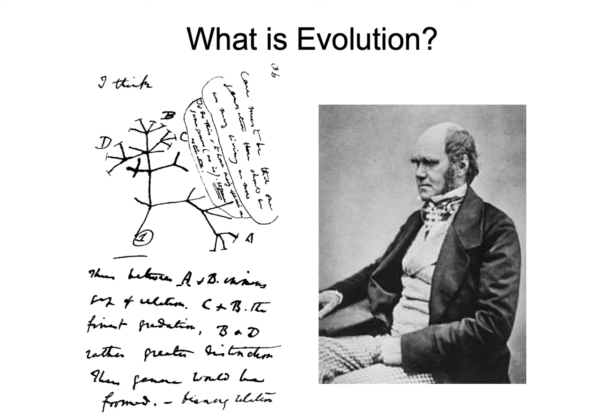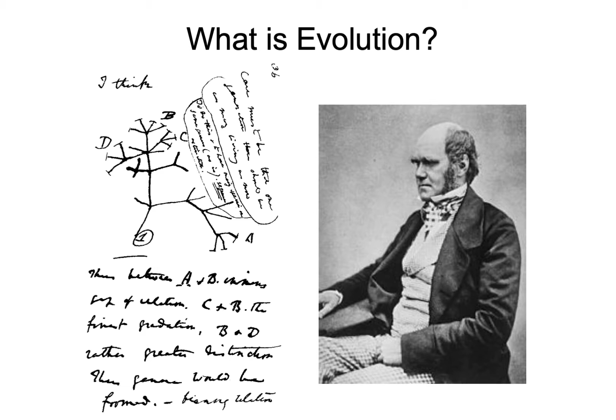So what is evolution? And of course, Darwin, when he was writing the first edition of his book, he didn't even use the term evolution. He was interested mainly in natural selection, how these characters are selected by environmental conditions. So he knew nothing about mutation, nothing about genes, nothing about DNA, RNA, none of that, but came up with some of the basic ideas about evolution way back in 1859.